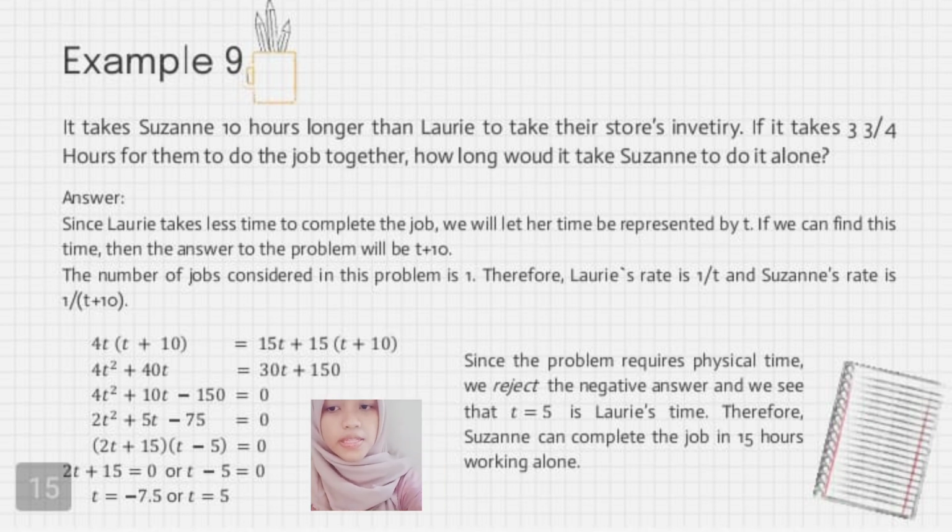40 times t plus 10 equals 15t plus 15 times t plus 10, and 40t squared plus 40t equals 30t plus 150. 40t squared plus 10t minus 150 equals 0. 2t squared plus 5t minus 75 equals 0.